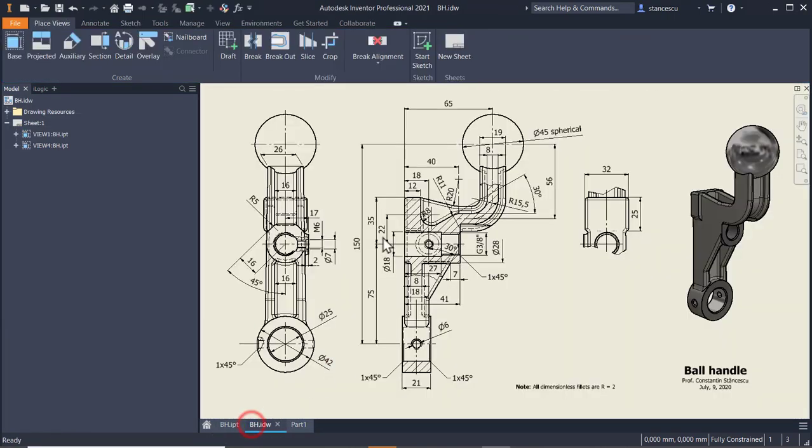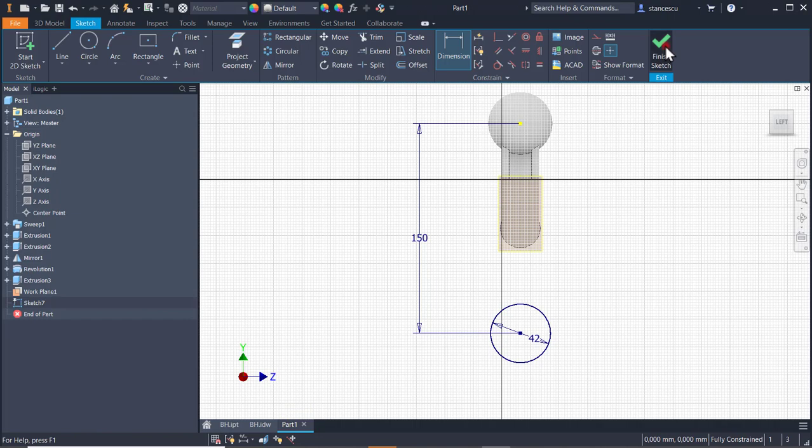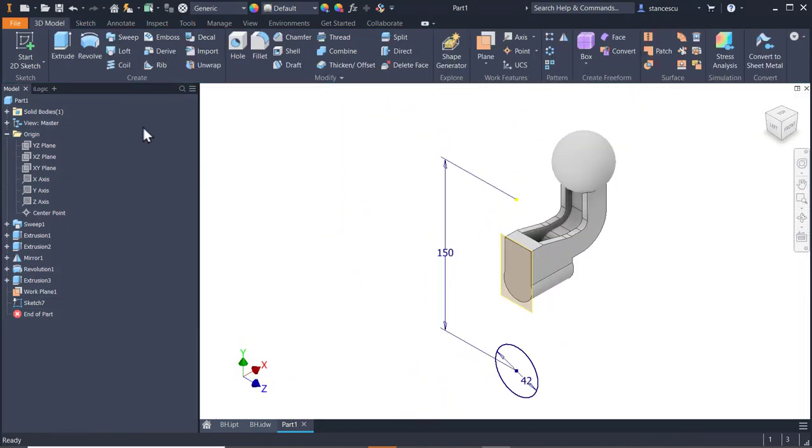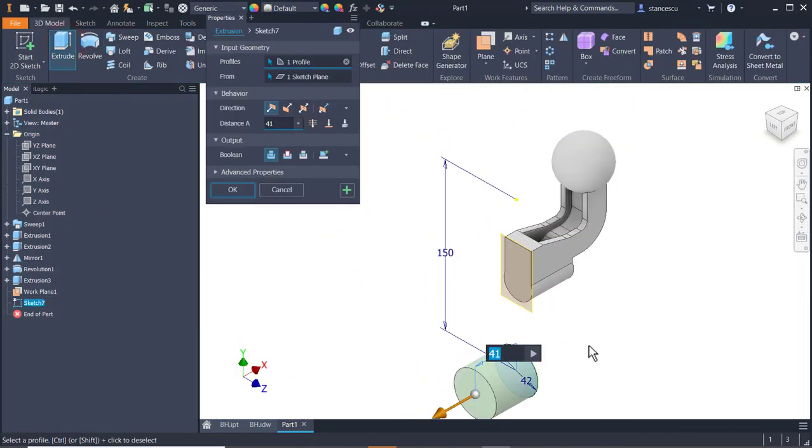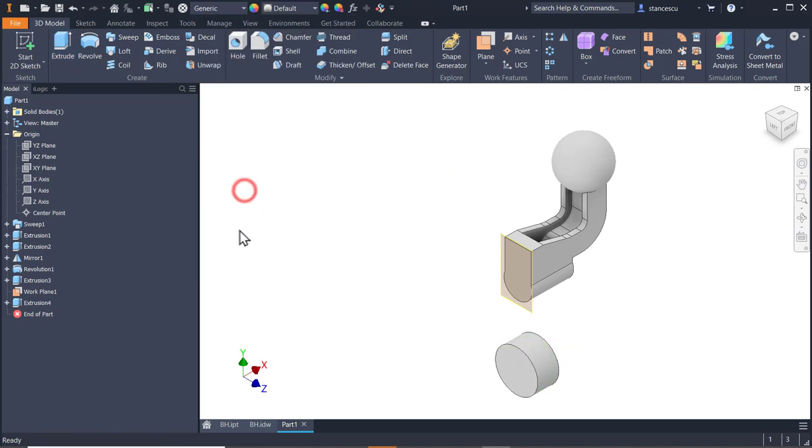This distance is here, 150. Finish sketch, extrude. The other direction, 21. Okay, good.